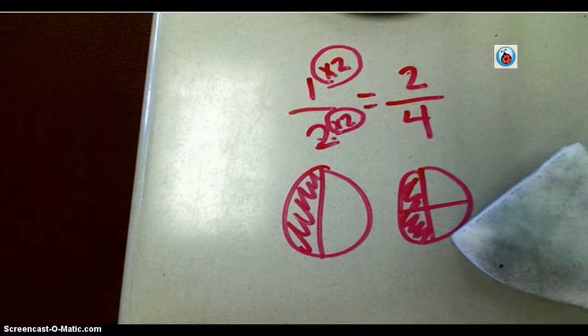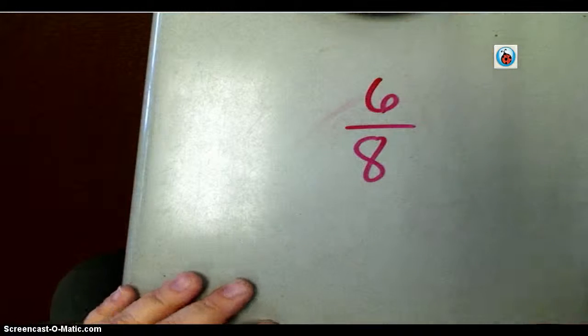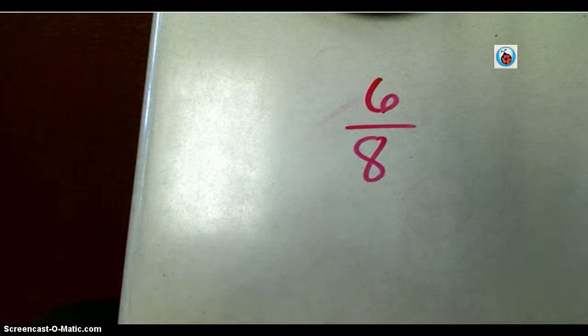Anytime that we are finding equivalent fractions, okay? You can also divide the top number and the bottom number, as long as you're dividing them by the same. Let me give you an example. If I start with a fraction that looks like 6 over 8, okay, I can create an equivalent fraction two ways.